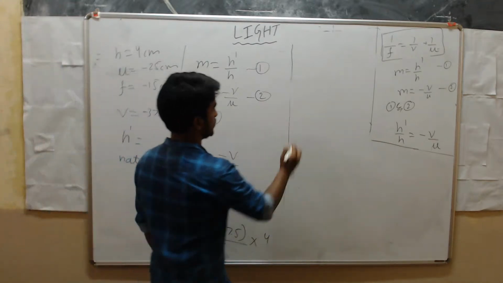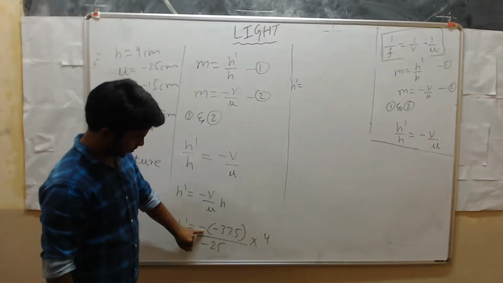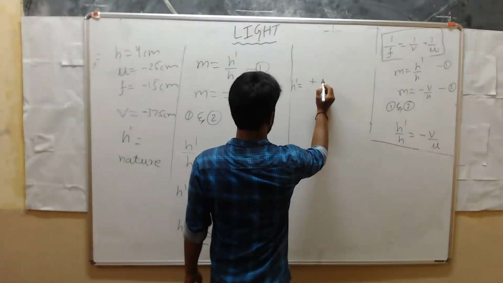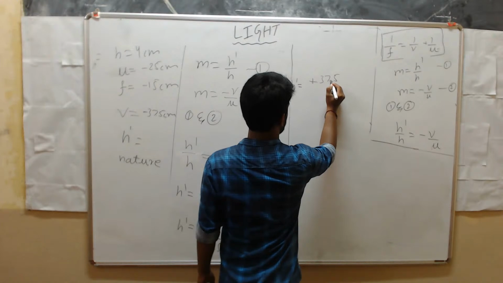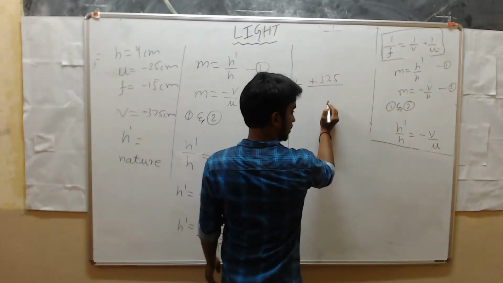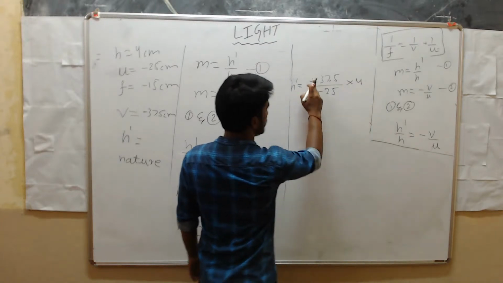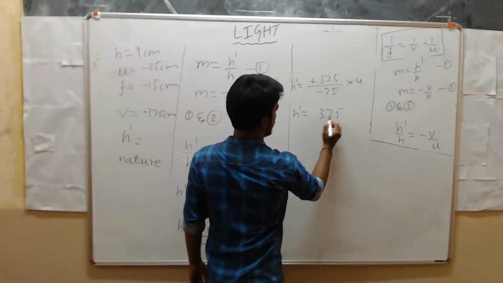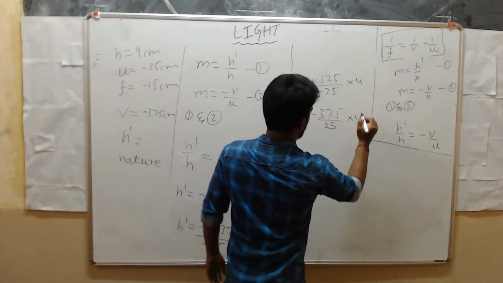So h dash equal to, minus into minus is plus, 37.5 divided by minus 25 into 4. Then plus or minus, that is h dash equal to 37.5 divided by minus 25 into 4.